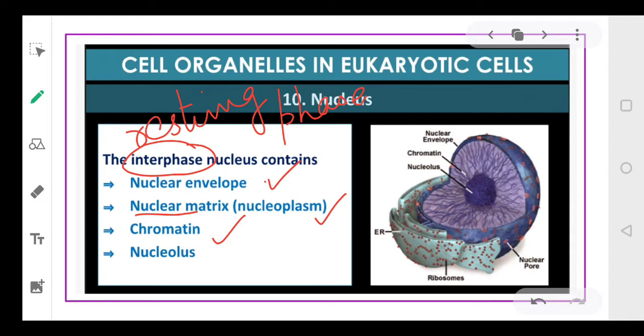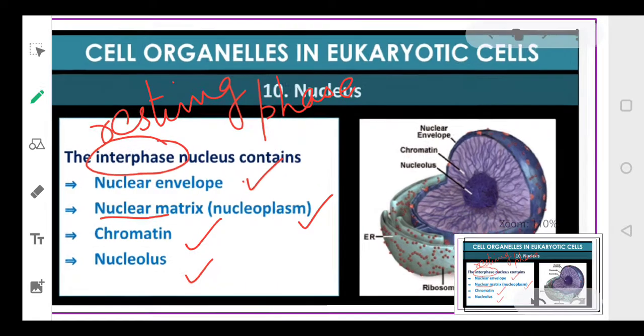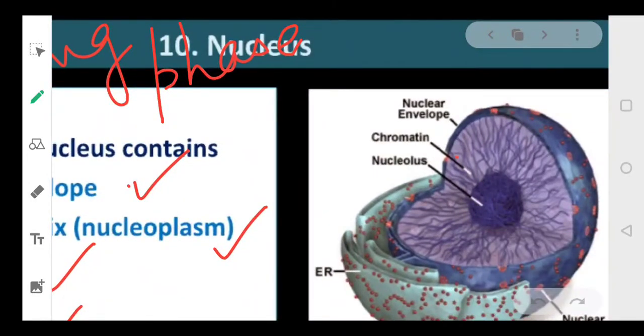Then the chromatin, and the nucleolus. Nucleolus is singular, and nucleoli is the plural. Now let's focus on the diagram itself. This complete structure is your nucleus. This is your nuclear envelope. Then there is chromatin present in the nucleoplasm, and the nucleolus.